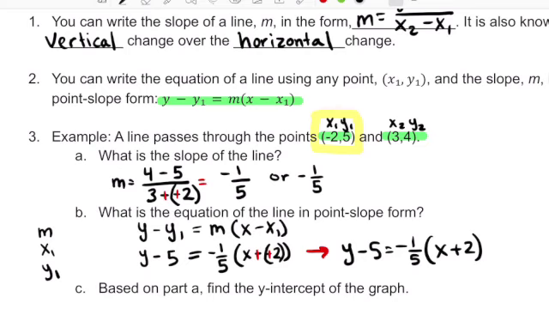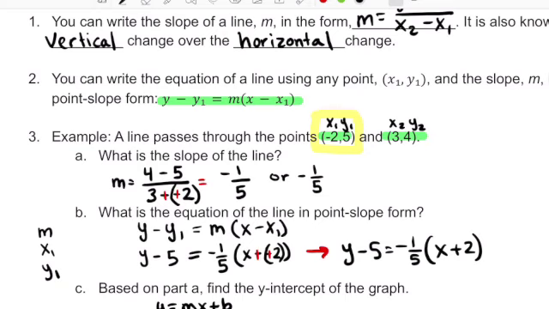Based on part A, find the y-intercept of the graph. So this is going back to lesson 2.1 with y equals mx plus b. We need to plug in our m, which is negative 1/5, and we're going to use the same x and y from the last problem.